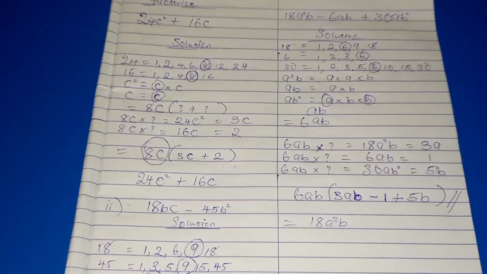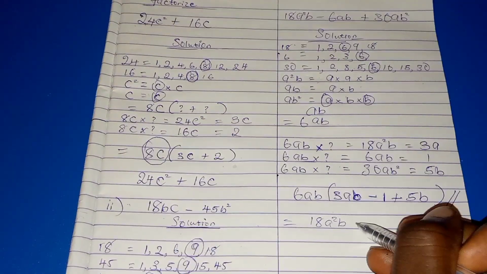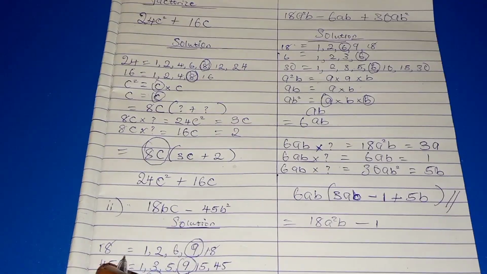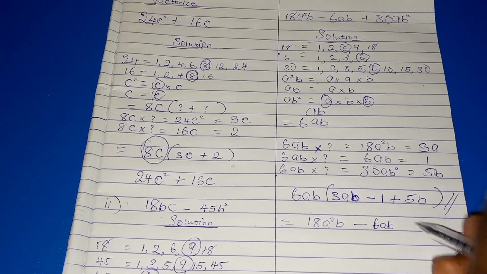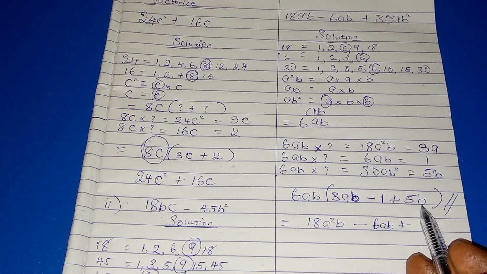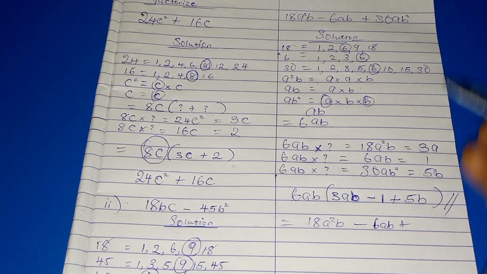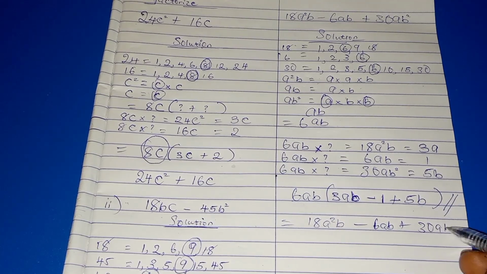This multiplied by this gives us minus 6ab. Then plus this multiplied by this, where b multiplied by b gives us b squared, gives us 30ab squared.